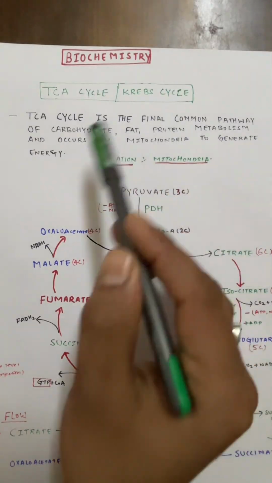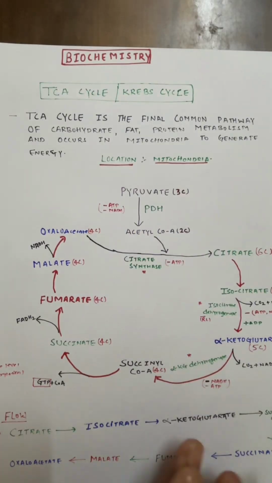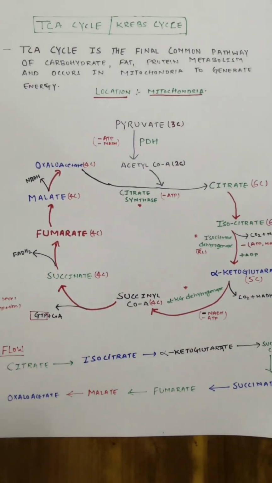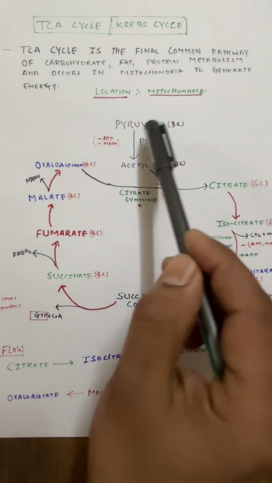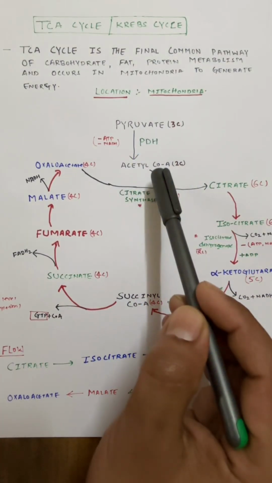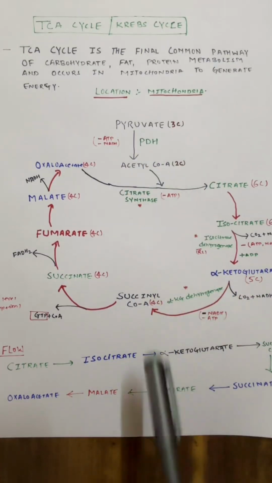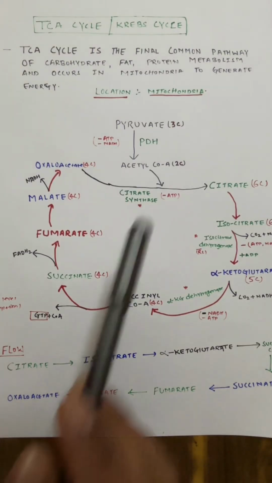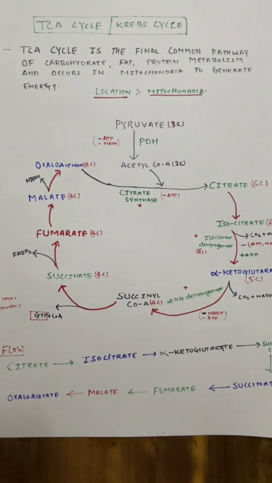Now while talking about the flow of this cycle, we'll talk about this flow chart. The cycle begins when the 3 carbon compound pyruvate is converted to acetyl coenzyme A, as we have already learned in the previous video on pyruvate metabolism, how this acetyl coenzyme A, a 2 carbon compound, is formed by using the enzyme PDH, that is pyruvate dehydrogenase.